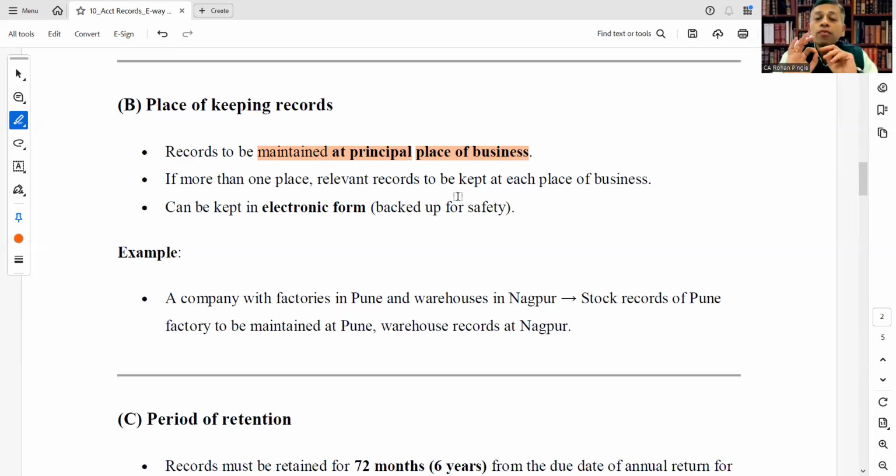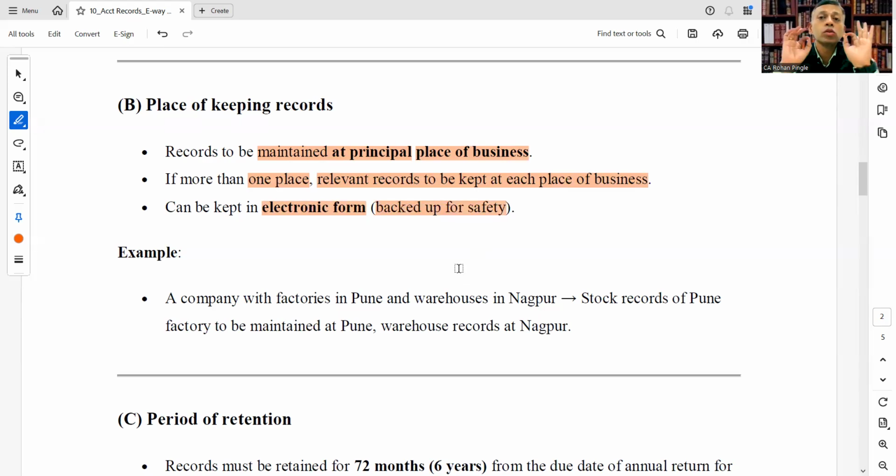If there is more than one place of business, then relevant records are to be kept at each place of business. Records can be kept in electronic form, backed up for safety.